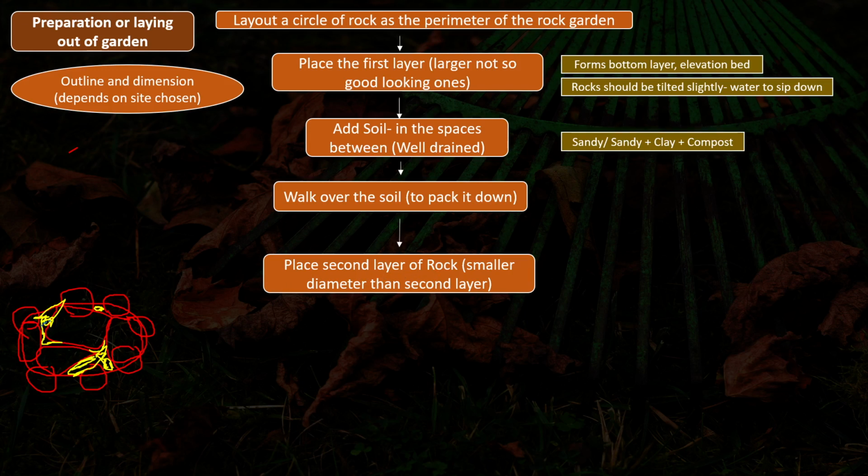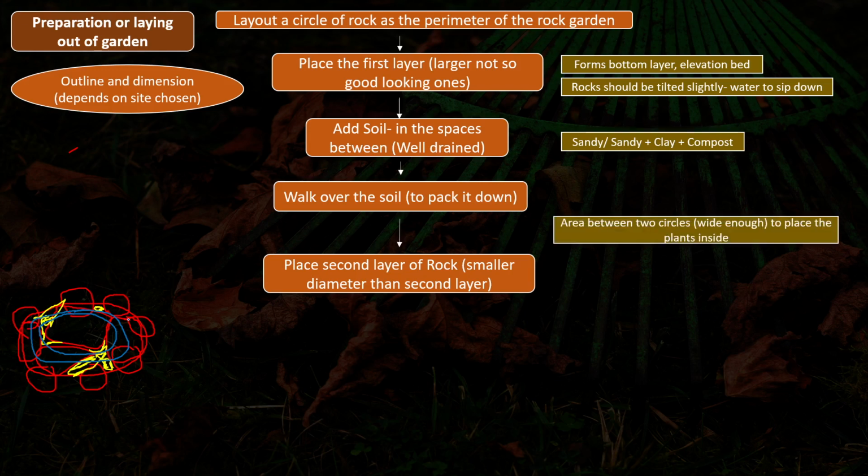Its perimeter should be lesser than the first layer, right? The diameter should be less than the first layer that we had at the bottom, so it should be a smaller layer. Maybe I can draw it a little bigger, right? And now you have to place the second layer of rock.